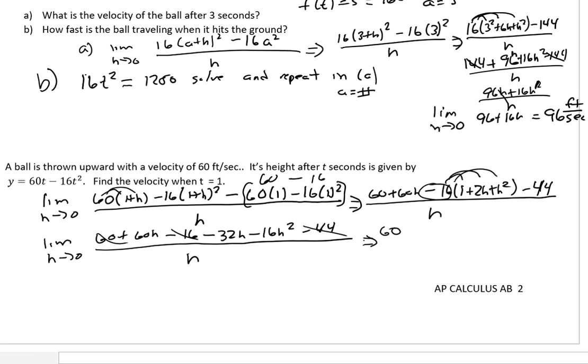Since all of them have an h, I can cancel it out. So I have 60 minus 32, which is 28, minus 16h. And now I can take the limit as h approaches 0, which would just drop that minus 16h, and that would be 28. So that is 28 feet per second at t equals 1.